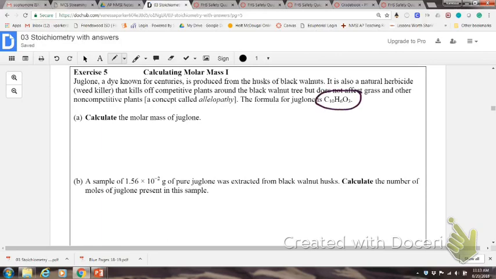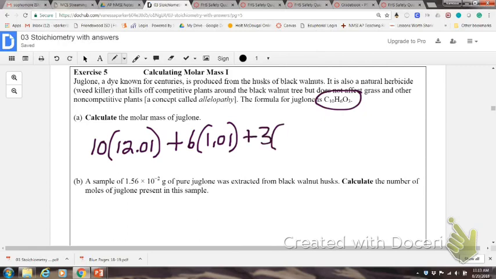So just to recall, if we're going to figure out the molar mass, we would do 10 times 12.01 for carbon, plus 6 times 1.01 for hydrogen, plus 3 times 16 for oxygen, and that works out to be 174.16 grams per mole. Any questions on that? That should ring a bell because you calculated molar masses coming out the wazoo.